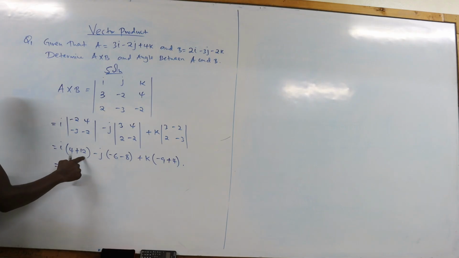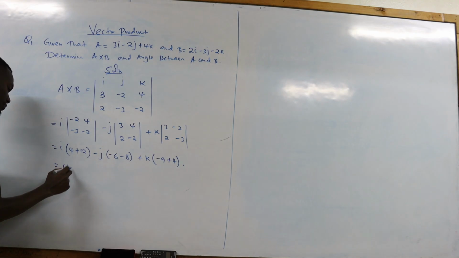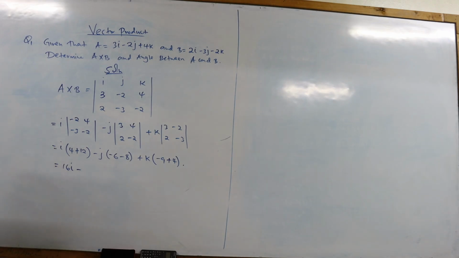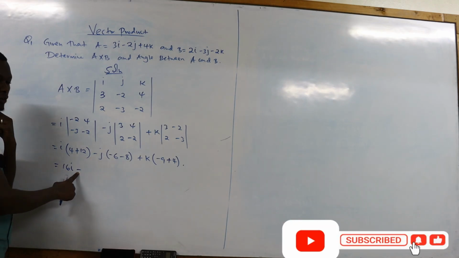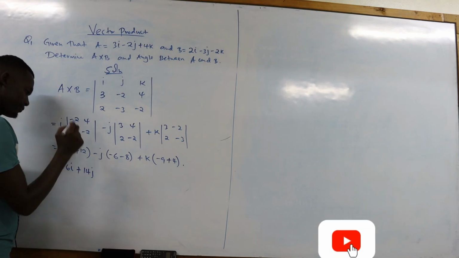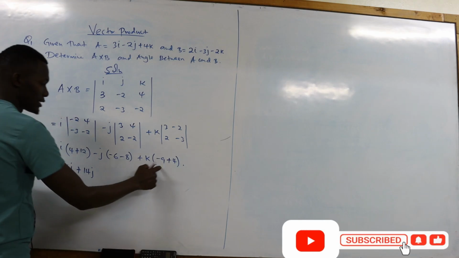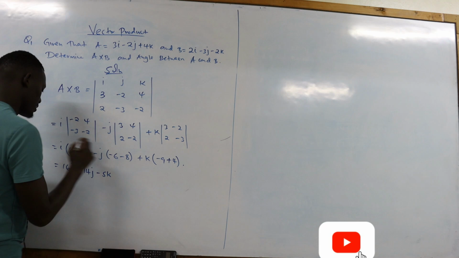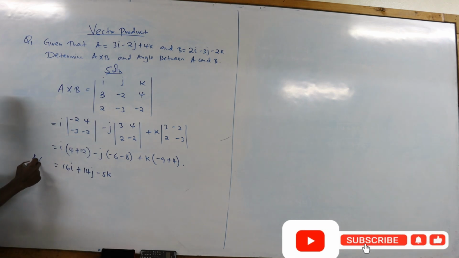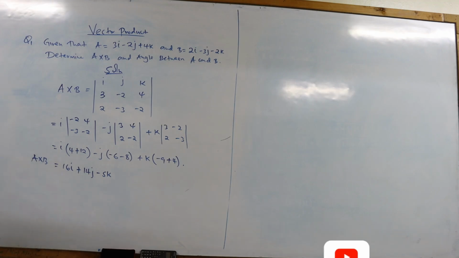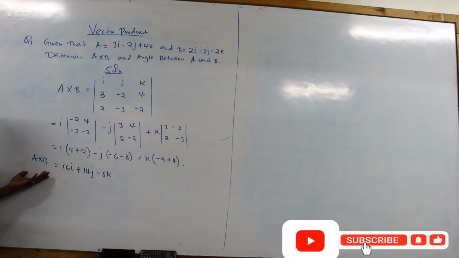So 4 plus 12 gives me 16, so I shall have 16i. Minus negative 6 minus 8 gives me negative 14, and I have a negative outside, so this becomes positive 14j. Negative 9 plus 4 will give me negative 5k. Therefore A cross B is given by that. That is it for the cross product.